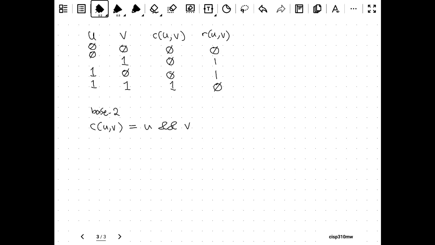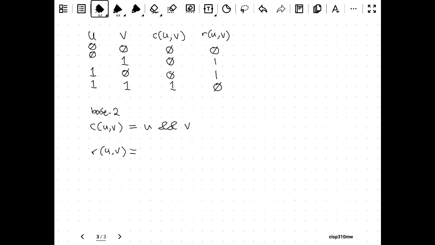Not a single operator can do it, but you can still express it using kind of like a clumsy expression. Okay, so the way the clumsy expression works is to say, okay, R of UV, when do we need this to be true? Well, we need it to be true when U is false and V is true.